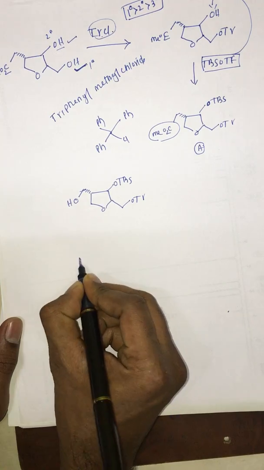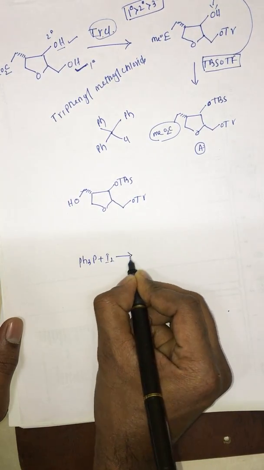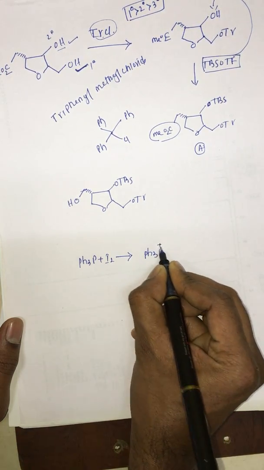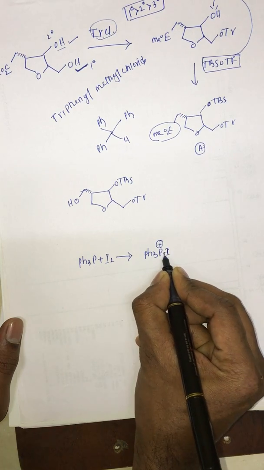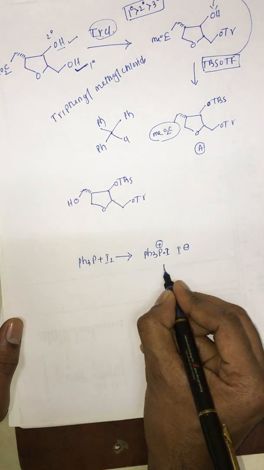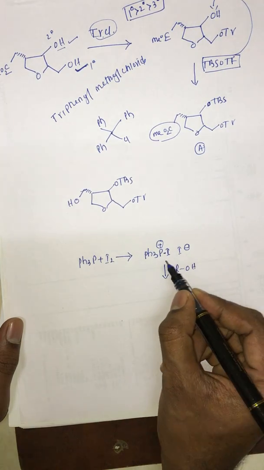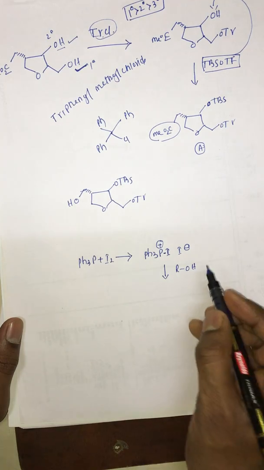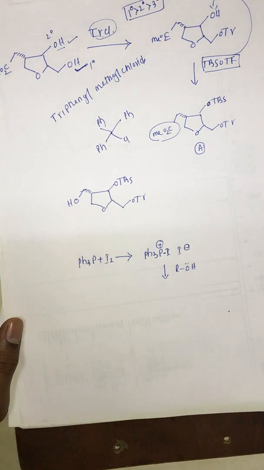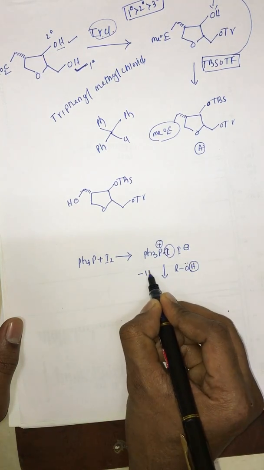So here we have Ph3P plus I2. So after reacting, it will convert to Ph3P+I and I minus. Okay, so now we have an alcohol here, ROH. So now we know that phosphorus has a strong tendency to form a bond with oxygen, right? So this iodine and this hydrogen get eliminated as HI.